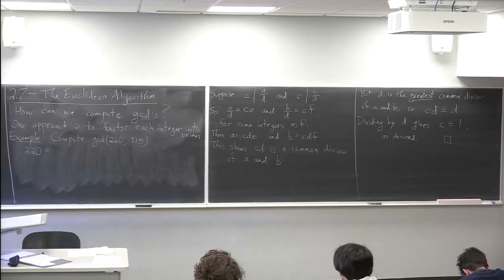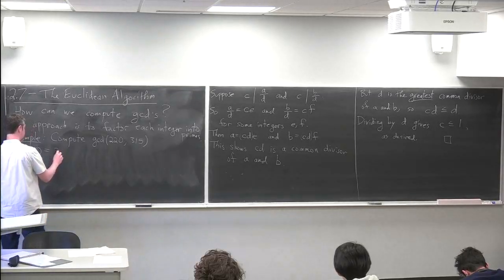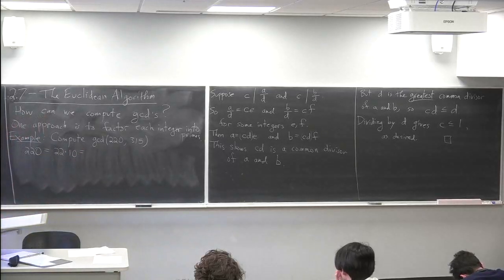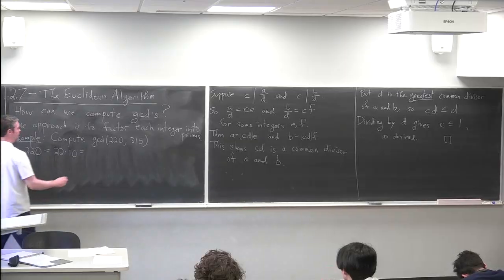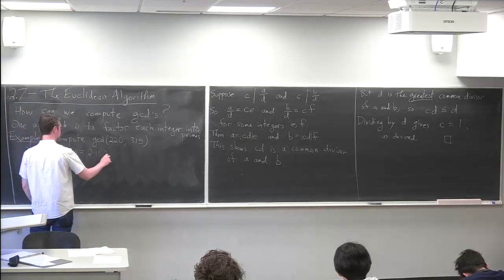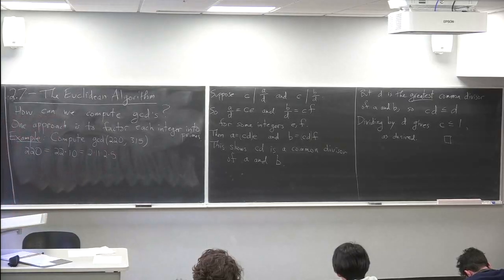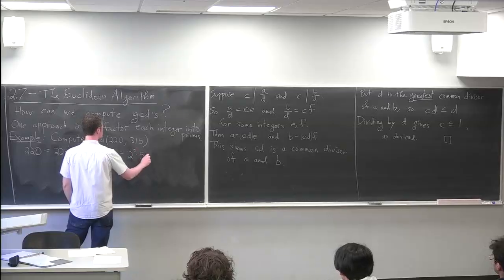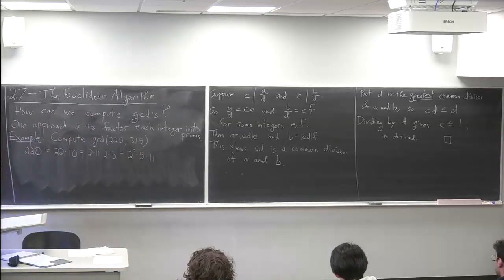Let's say it's 22 times 10. Then 22 is 2 times 11, and 10 is 2 times 5. So you have 2 times 11 times 2 times 5, and that looks like 2 squared times 5 times 11. And that's a factorization into primes.